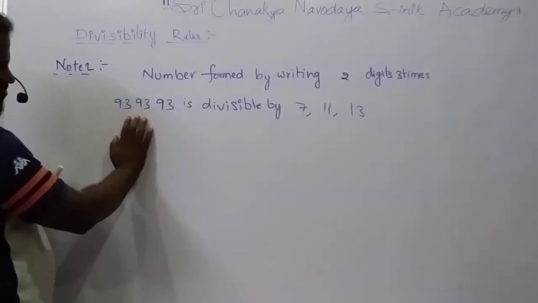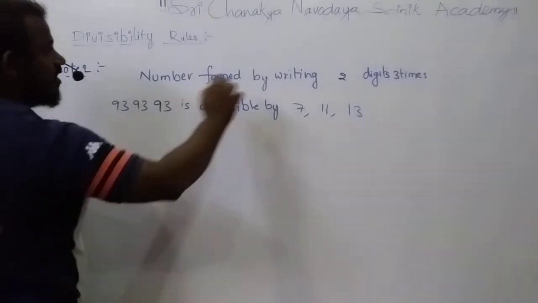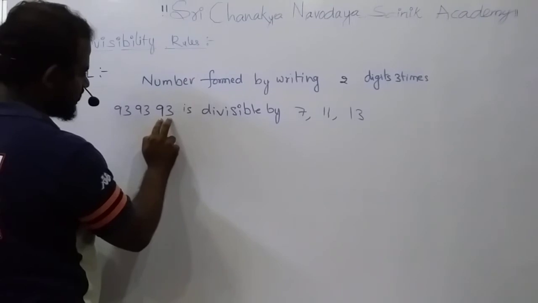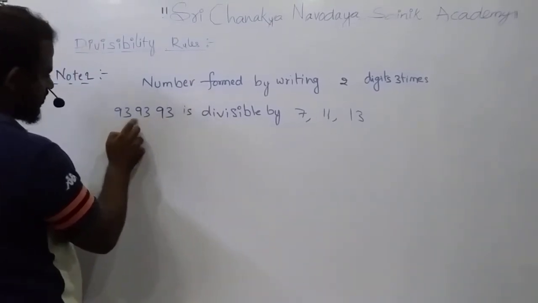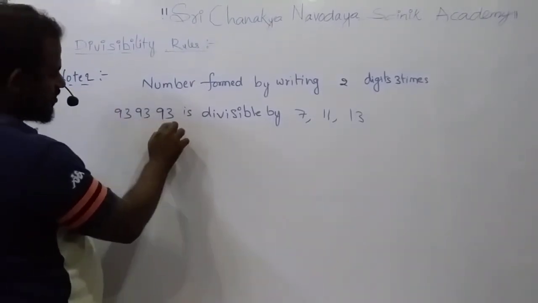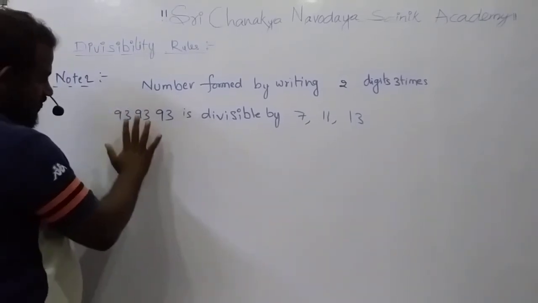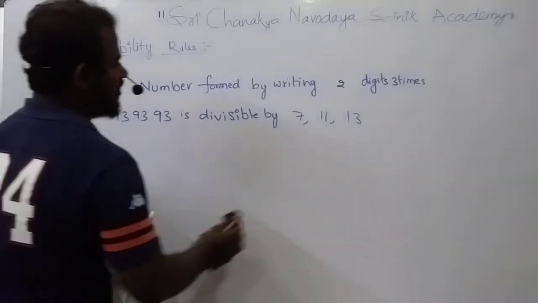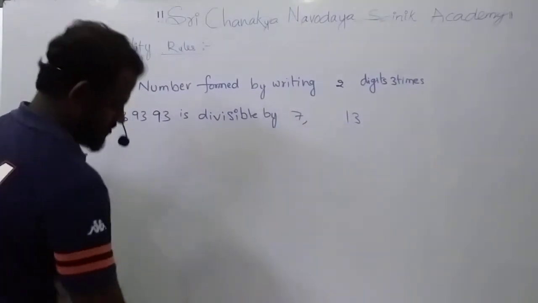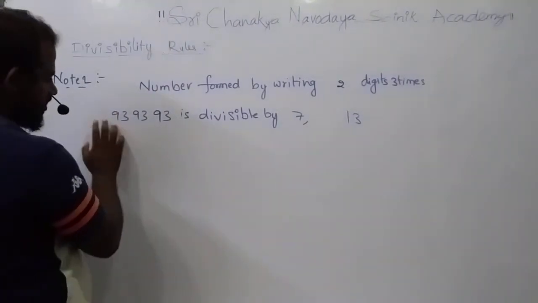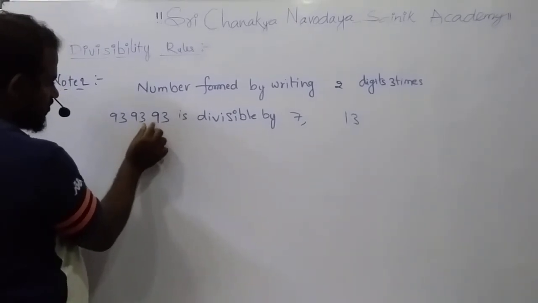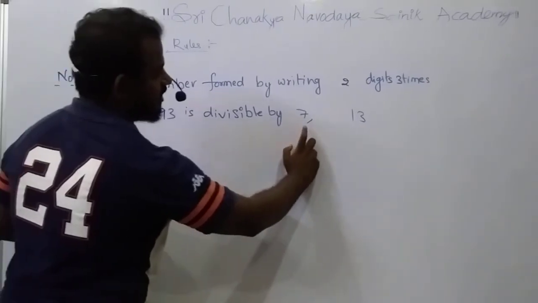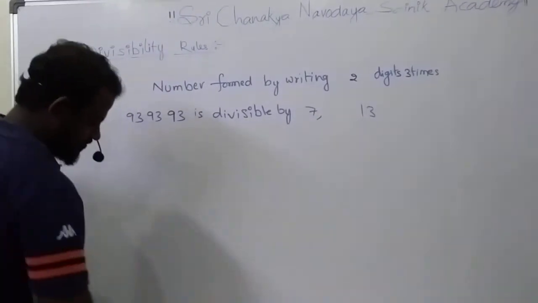If a number is formed by writing 2 digits 3 times, these numbers are divisible by 7 and 13. This kind of pattern is divisible by 7 and 13.